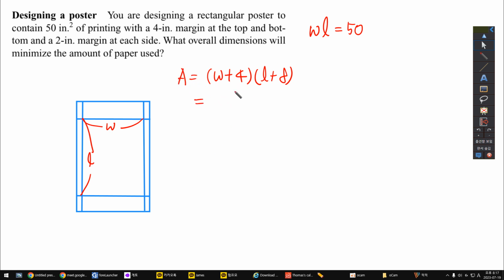So if we open the parenthesis, and because WL is 50, we can add these two. And then let's change L to 50 over W. That makes like this.